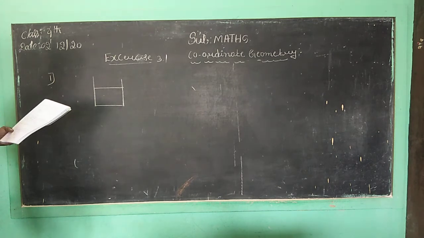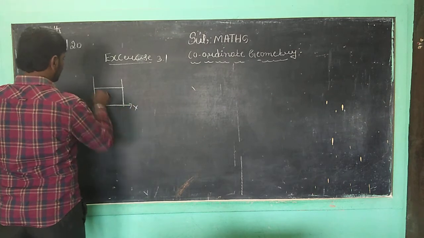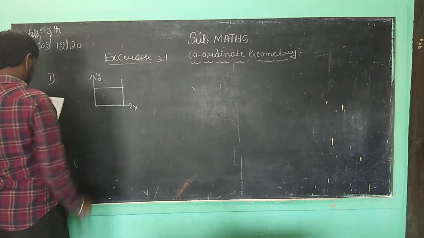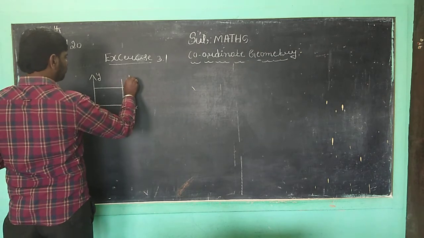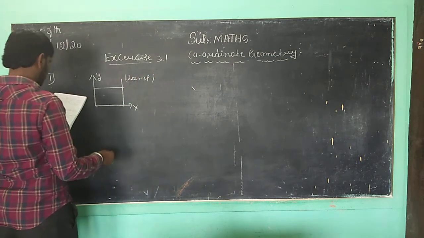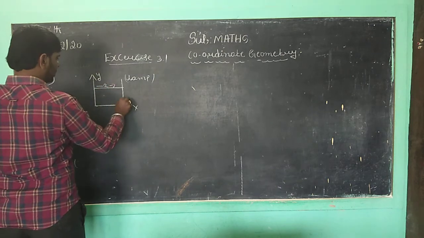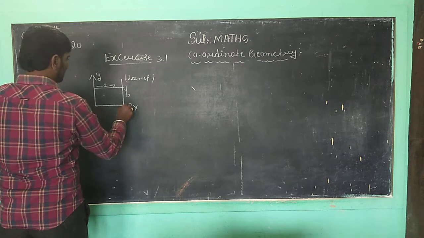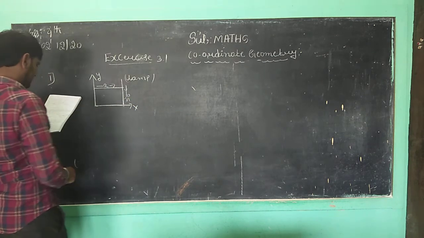Now here, this is the x-axis and this is the y-axis. This is also the table lamp. According to that, this is A, this is B. Now consider the area of a rectangle, length into breadth. Correct, children?